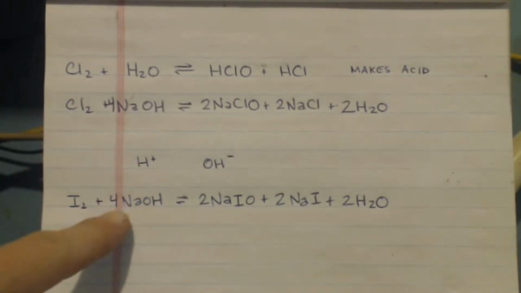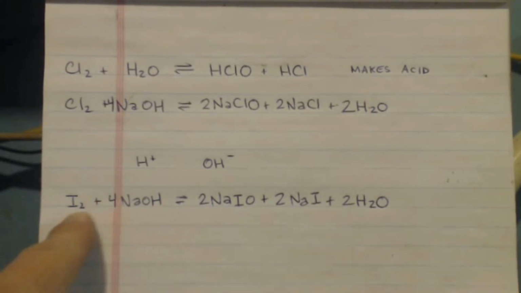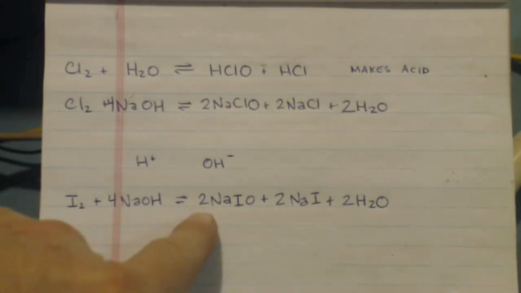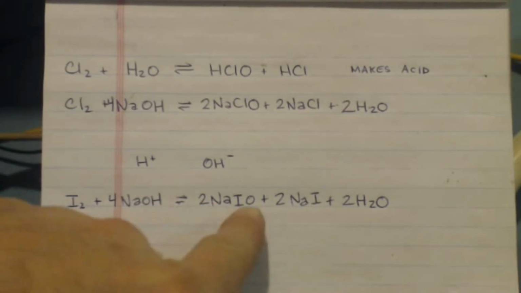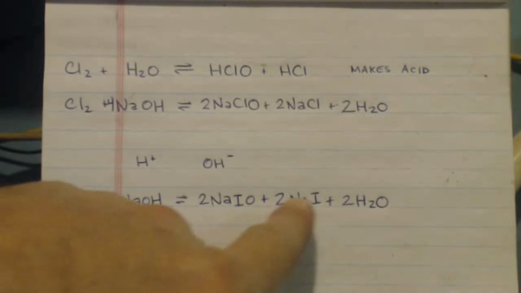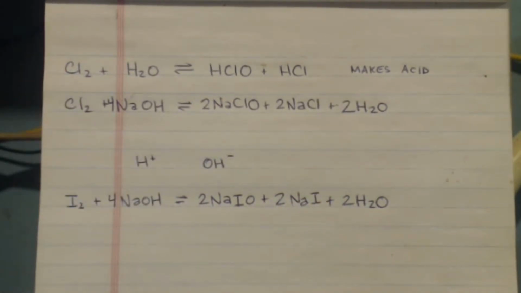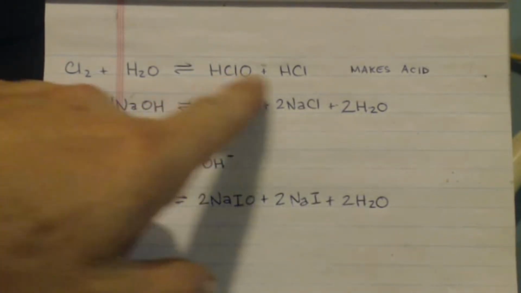Then I'm going to add some sodium hydroxide. It's going to disproportionate this. One of them is going to get an ONa, what would be an OH, but we're using sodium, and one of them is going to get an Na, instead of H's.